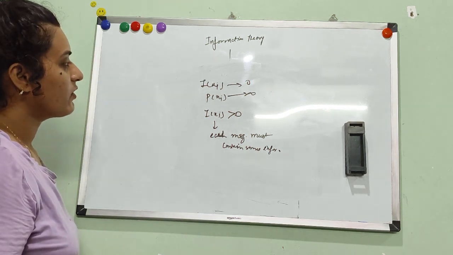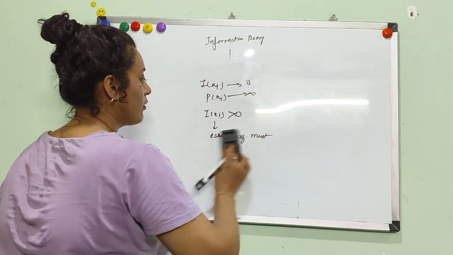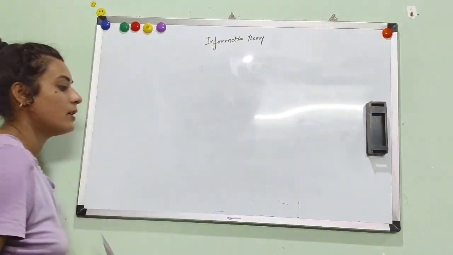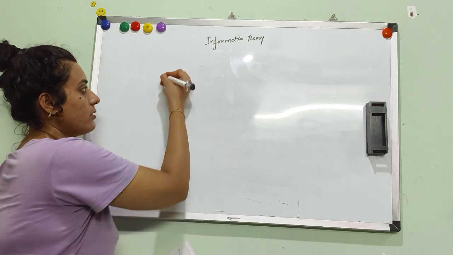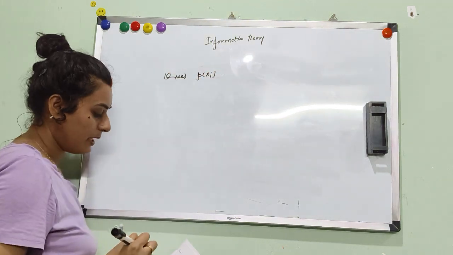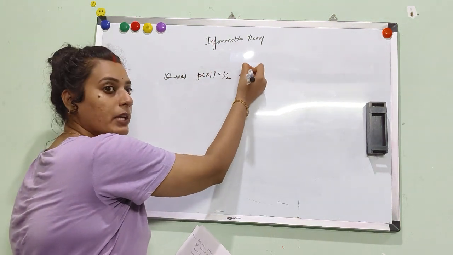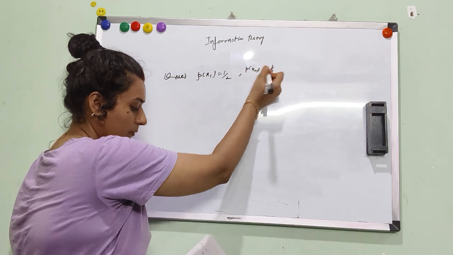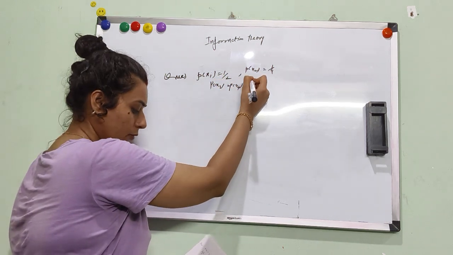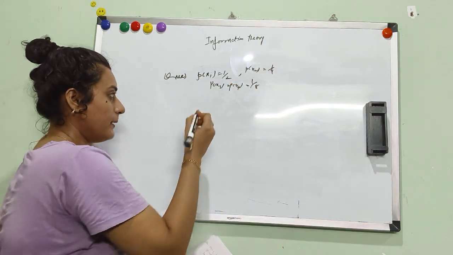Now we can have some examples to make it more clear how we can calculate the information content if some probability distribution is given. Let us suppose P(x1) is given as 1/2, P(x2) is given as 1/4, P(x3) equal to P(x4) equal to 1/8, and we have to calculate the information content.